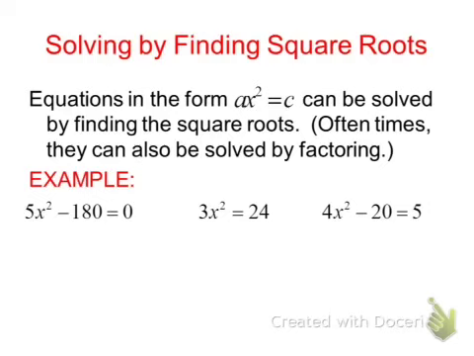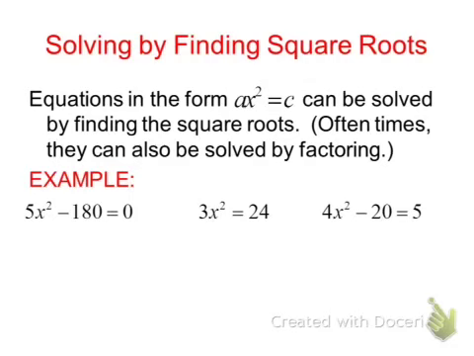One thing that I do differently with this one is that instead of having it equal to 0, I actually want everything away from my x squared and moved to the other side of my equation. So on my first example here, it's equal to 0 already. I want to make this to where x squared ends up all by itself.